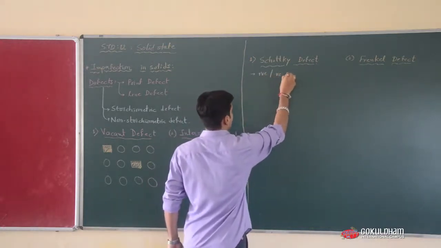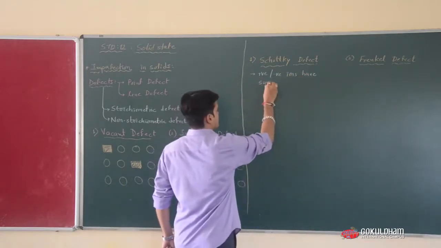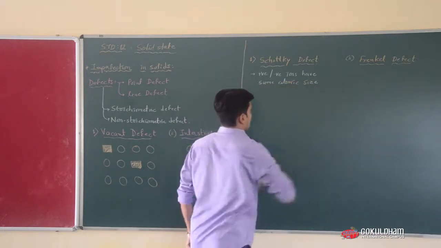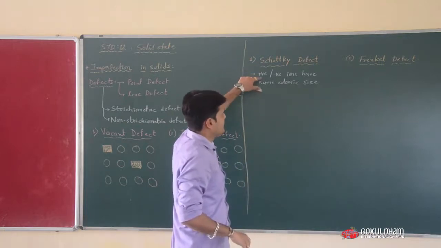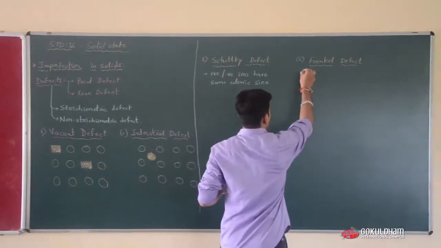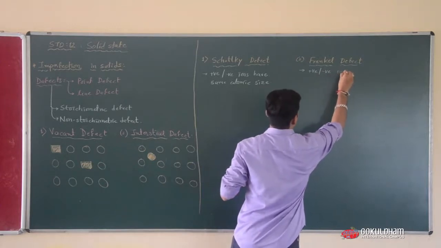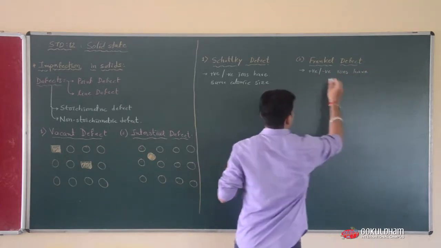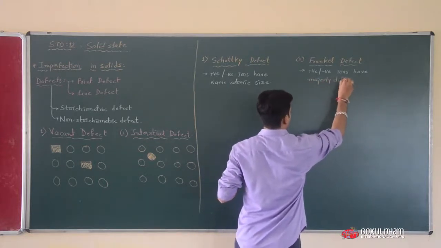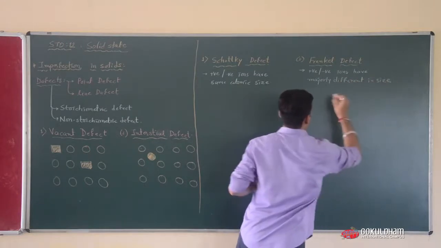positive and negative ions have the same atomic size. When Schottky shows, positive and negative ions have the same atomic size, and in Frenkel, positive and negative ions have a major difference in size.